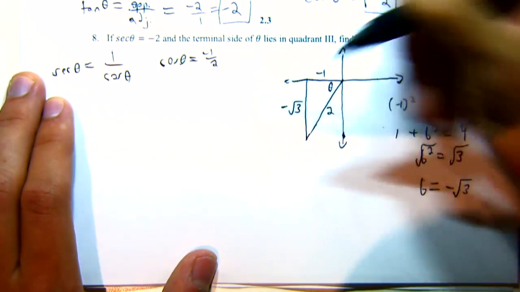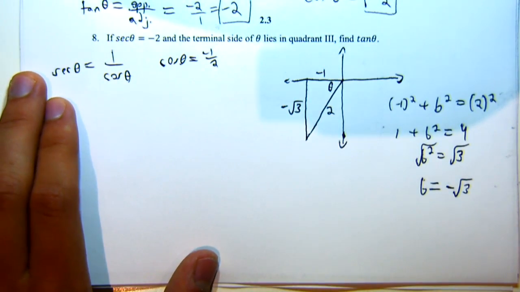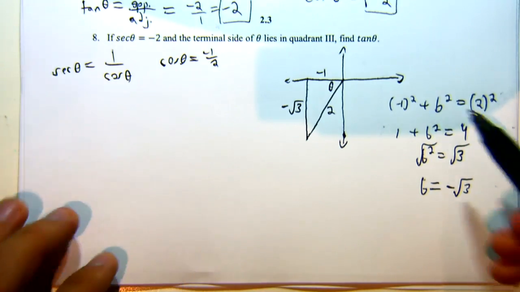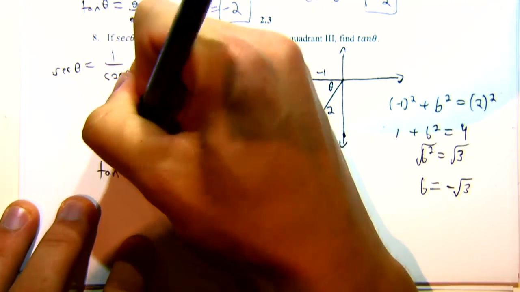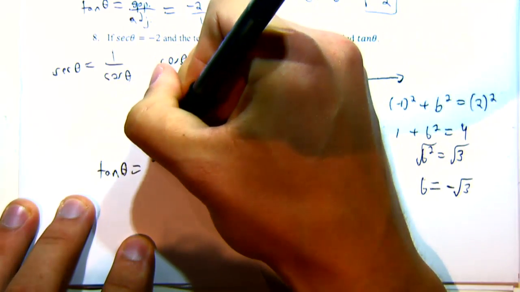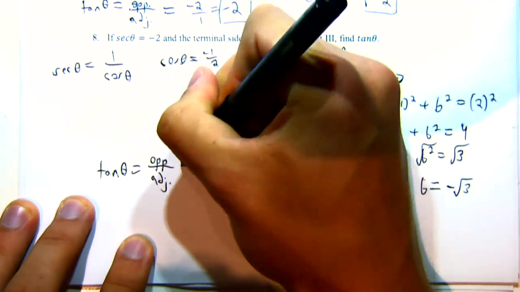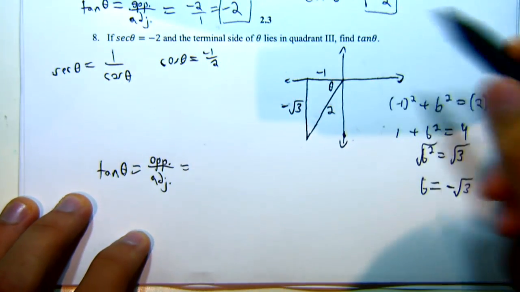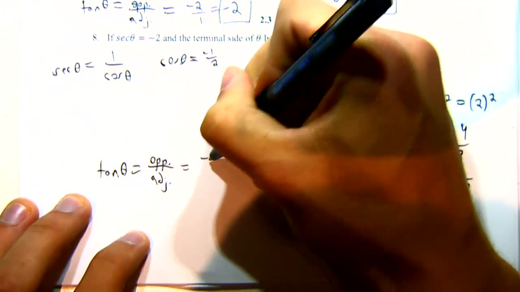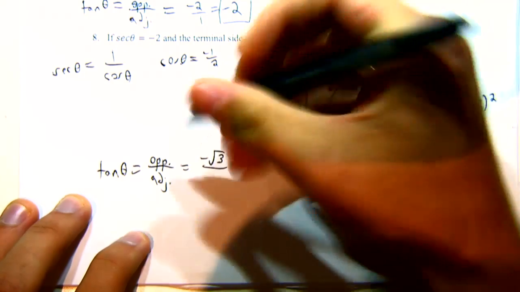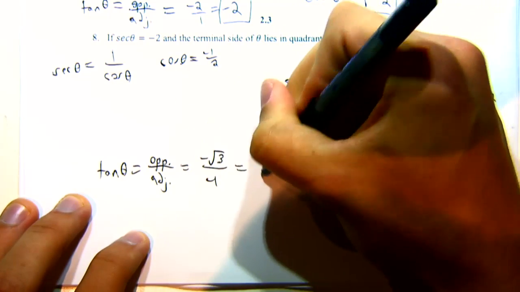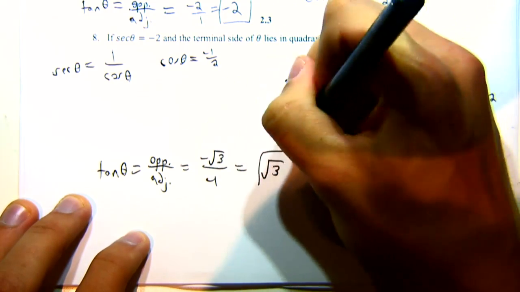Now to find tangent theta, we know that that's going to be opposite over adjacent. So that's going to be negative square root of 3 over negative 1, which just equals positive square root of 3.